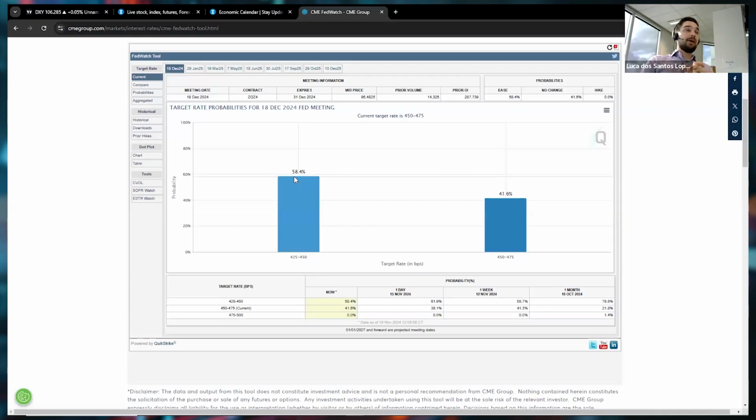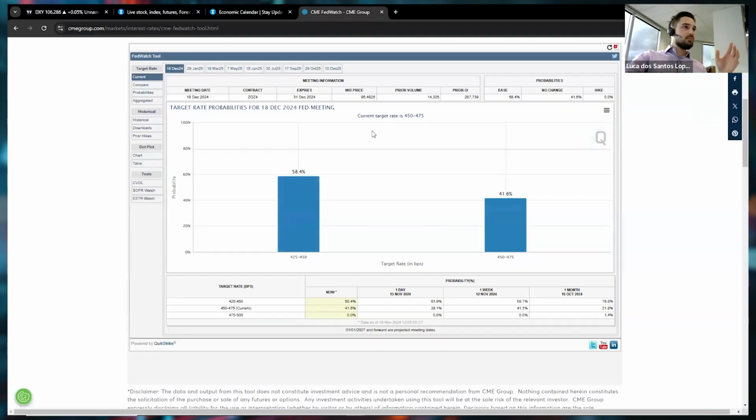But after the consumer resilience, the strong retail sales from the United States last week showing some resilience of the USA consumers, this is somewhat equilibrated. Okay, so it's a 20% difference from no cut to a 25 basis point cut.